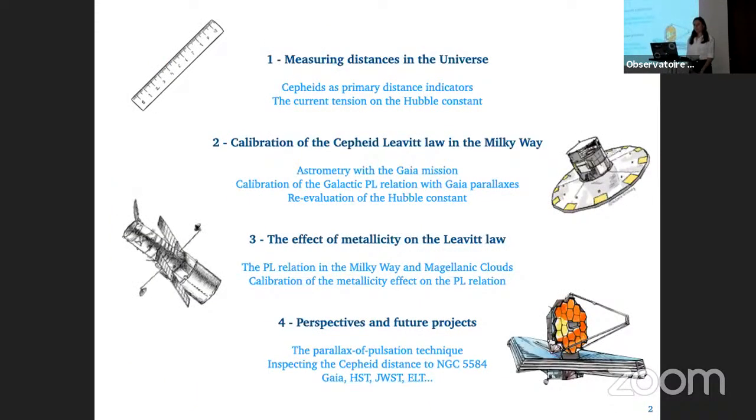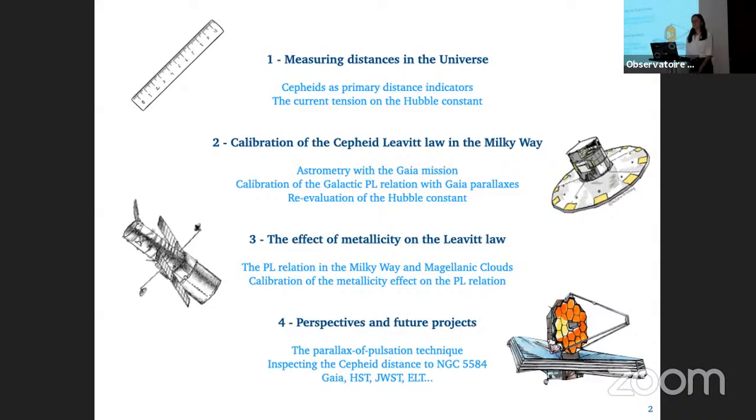The outline of the presentation is the following. First, I will recall how Cepheid stars are used to measure distances in the universe and their place in the tension on the Hubble constant. Then I will describe the 2 main results of my PhD thesis, the first one being the calibration of the Cepheid Leavitt law with the Gaia mission and the re-evaluation of the Hubble constant.